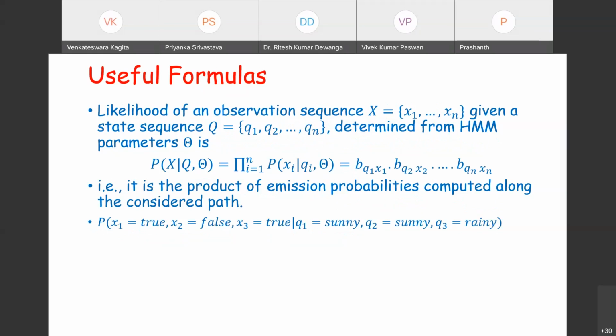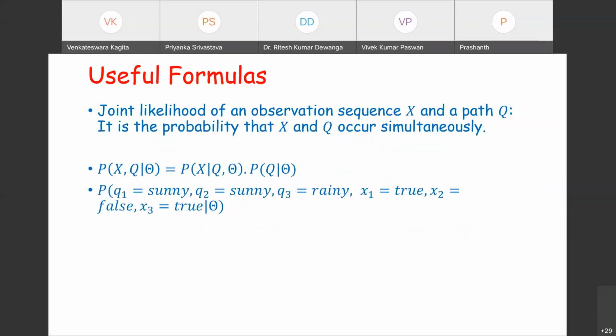The next one is the likelihood of the observation sequence given the state sequence. What is the probability of the observation sequence x1 to xn given the state sequence q1 to qn? This can be taken as the product over all the emission probabilities: q1 x1, q2 x2, and so on, qn xn. Suppose I take the probability of x1 equal to true, x2 equal to false, x3 equal to true, given q1 sunny, q2 sunny, q3 rainy.